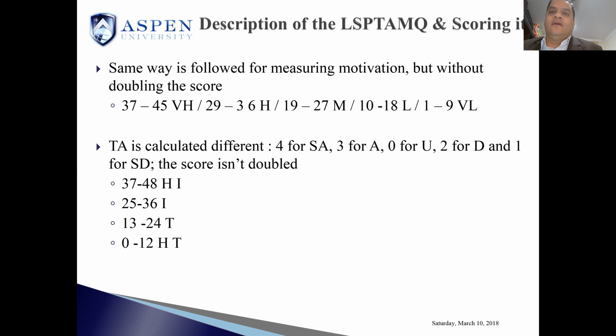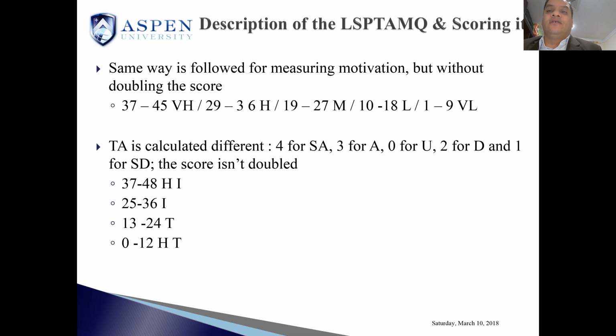If they score 37 to 45, which is like 5 times 9, this means very high extrinsic or intrinsic motivation. From 29 to 36, it just means high. From 19 to 27, it means moderate extrinsic or intrinsic motivation. From 10 to 18, it is low, and from 1 to 9, it is very low.